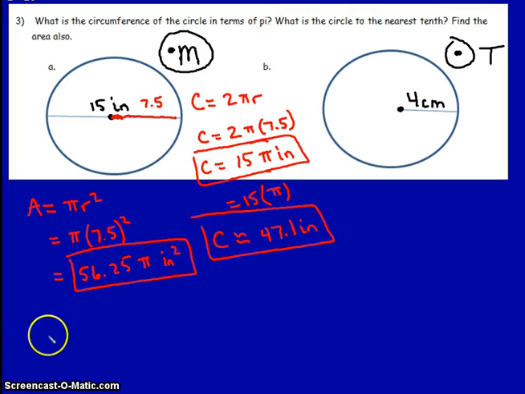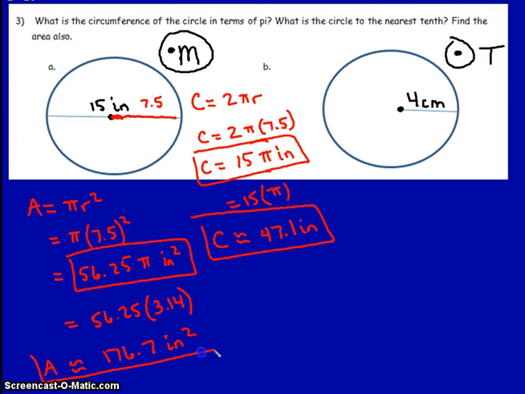To find the area without pi, we're still going to say 56.25 times pi, or 3.14. To be more accurate, use the pi button in your calculator. And we get area is approximately 176.7 square inches. Again, when we use area, we're multiplying inches times inches, and that gets us inches squared.